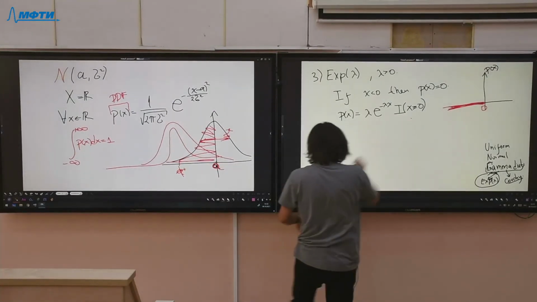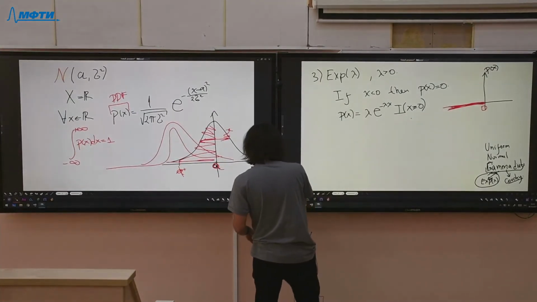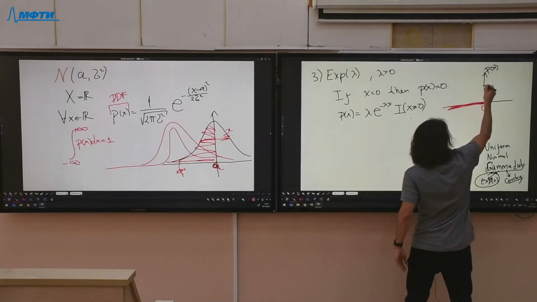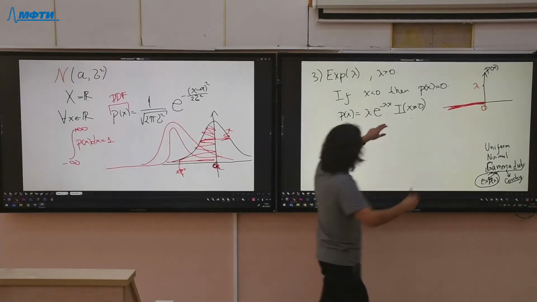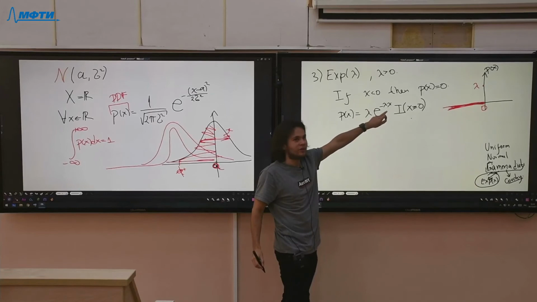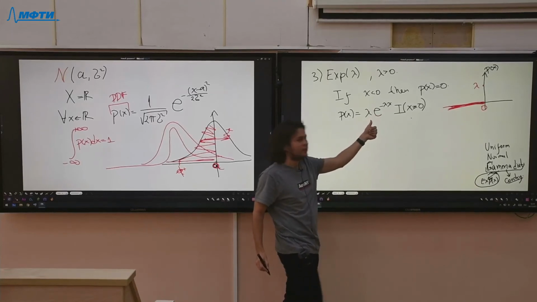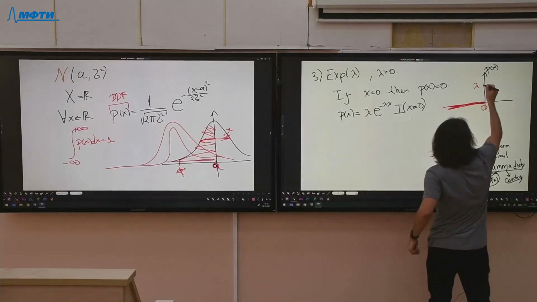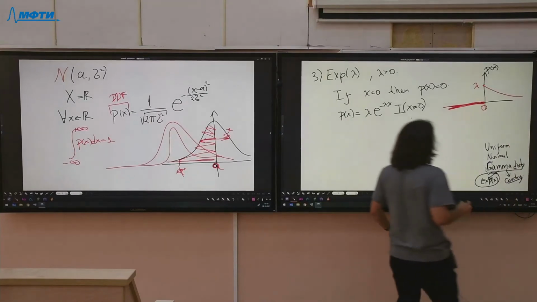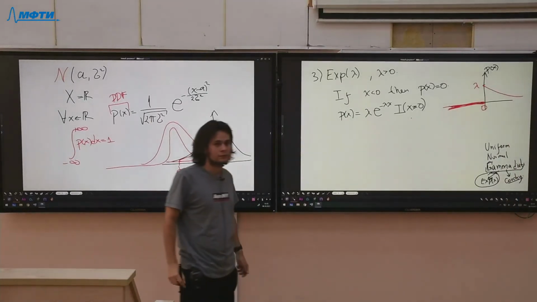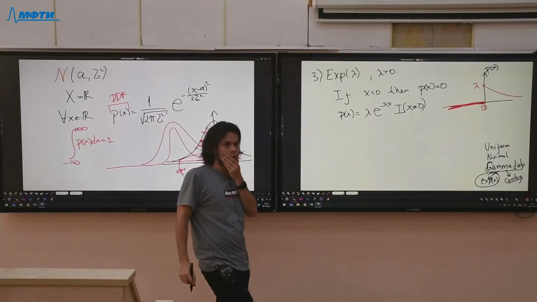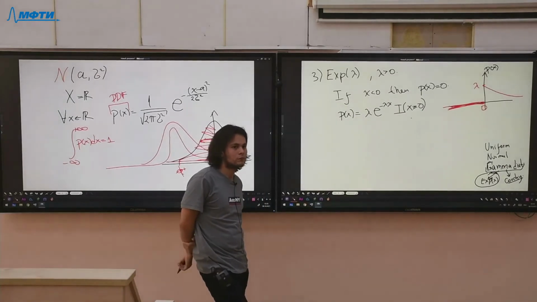So this function is something like this. Here we have lambda, right? If x is 0, then this is 1, so we have lambda. And this goes like this.